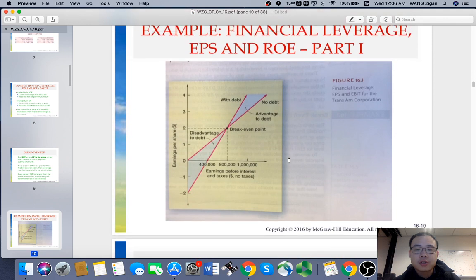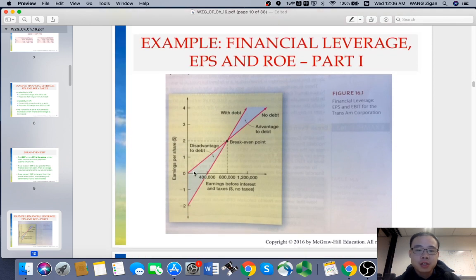And it's better to see this from the textbook, where the EBIT is going up under the proposed capital structure with debt. You will see that the slope is steeper. The EPS goes up even faster when EBIT goes up, and also the EPS goes down even faster when EBIT goes lower.